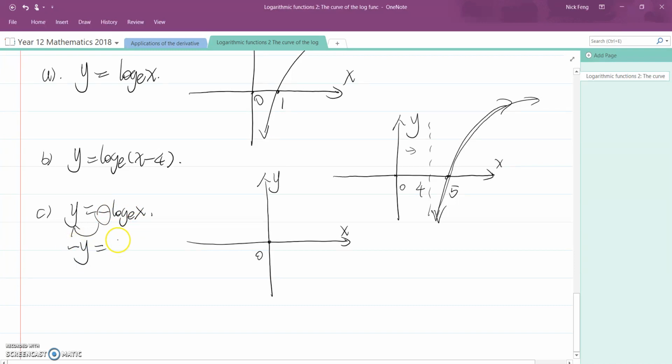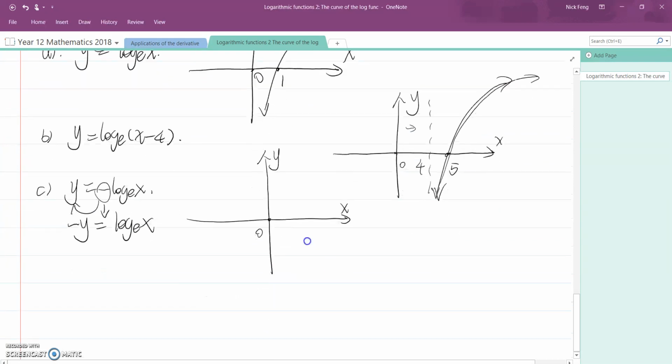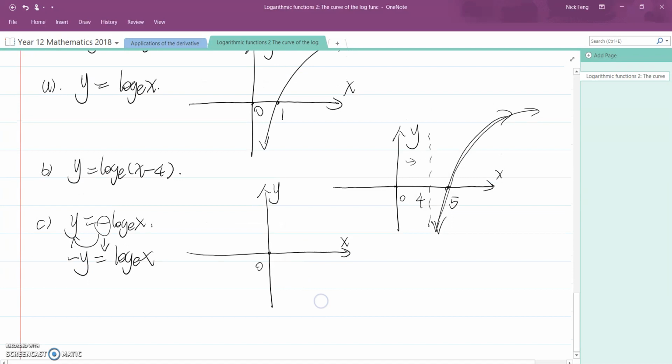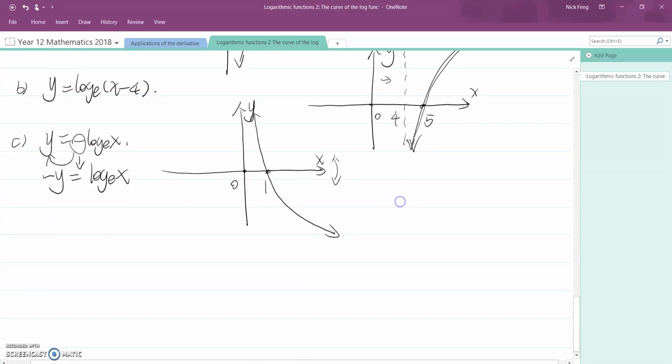As I told you all the time, the correct understanding should be this one. Now you know it's originally like this, and because we have changed y to negative y, this is a vertical flip about this curve. So it's no longer just going this way. So this is still 1. Still 1.